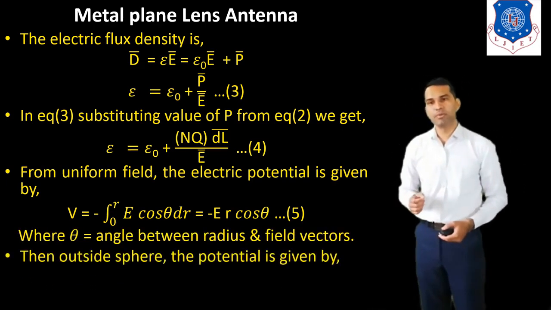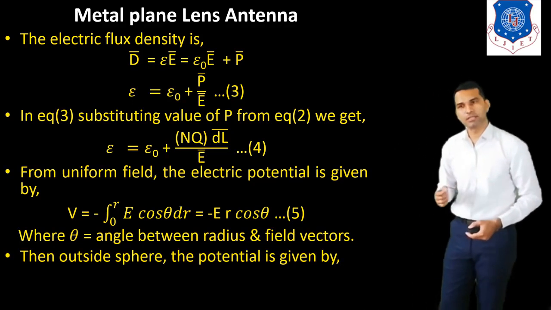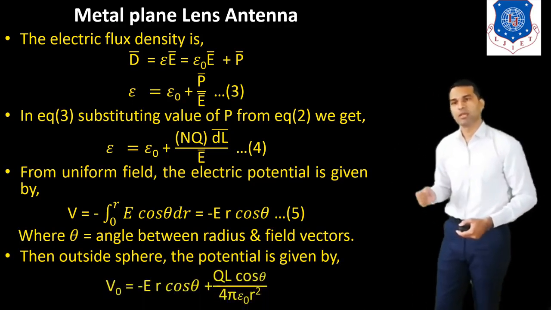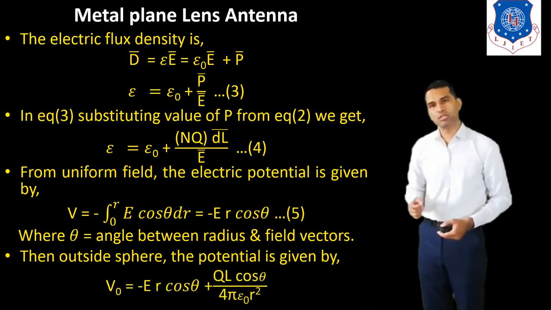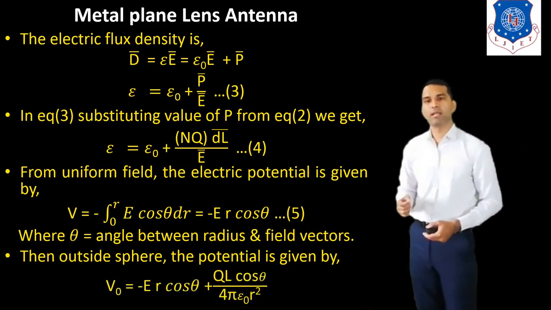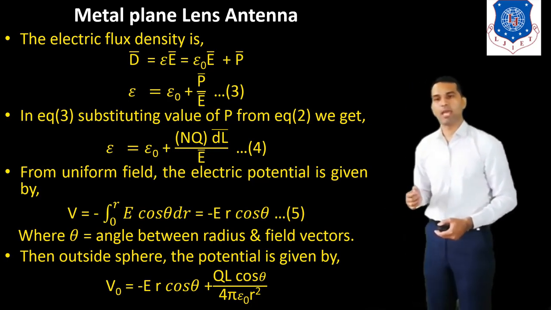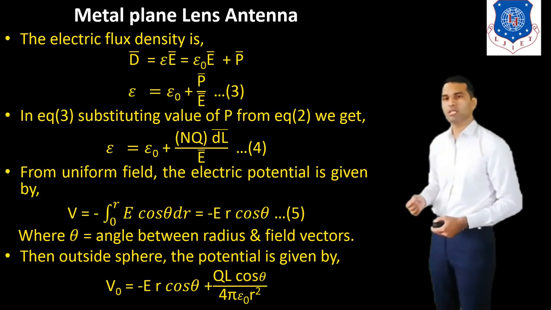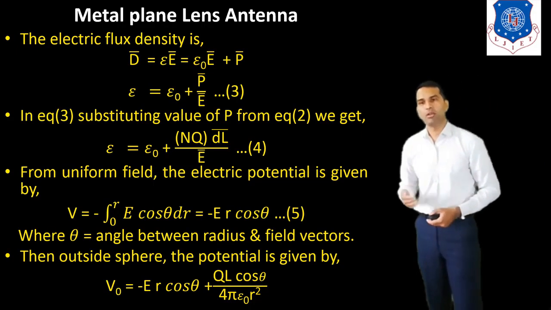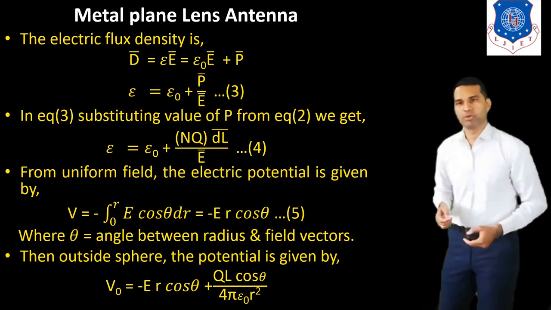Then outside the sphere, the potential is given by V0 is equal to minus E R cos theta plus q l cos theta upon 4 pi epsilon 0 R square. So V0 indicates the potential outside of the sphere.